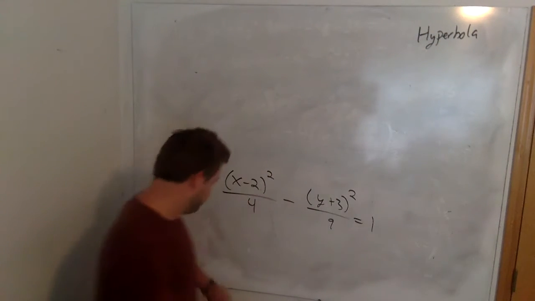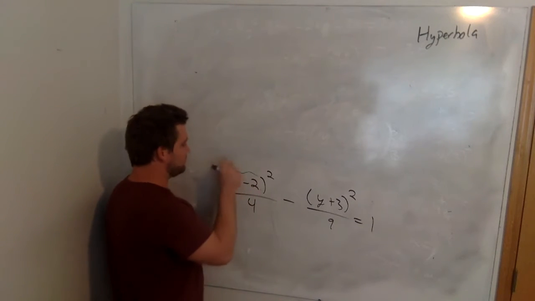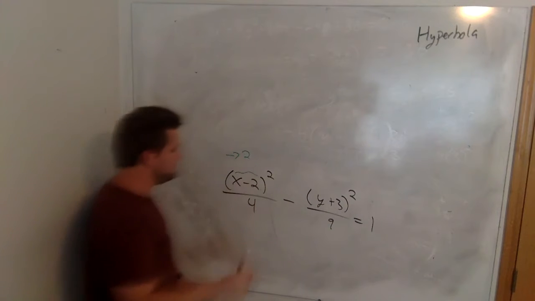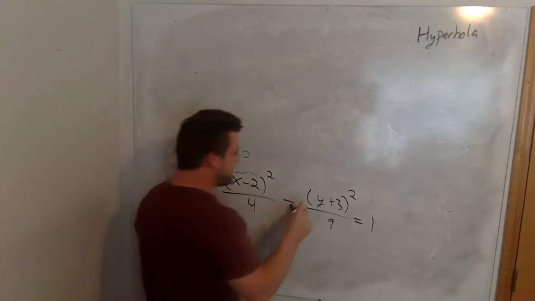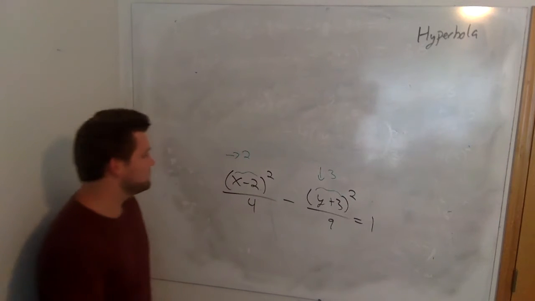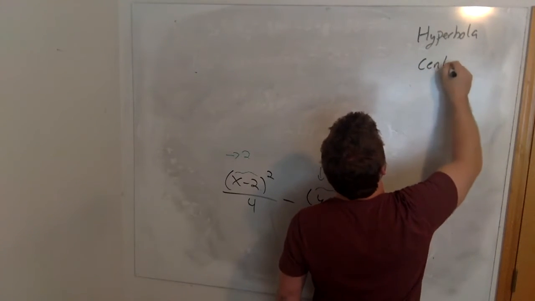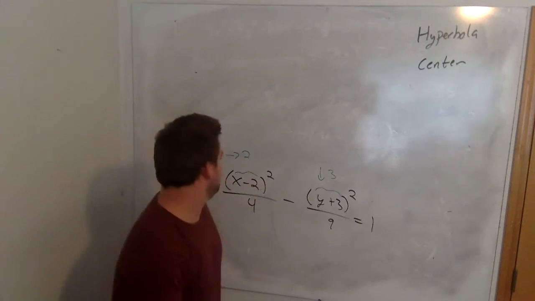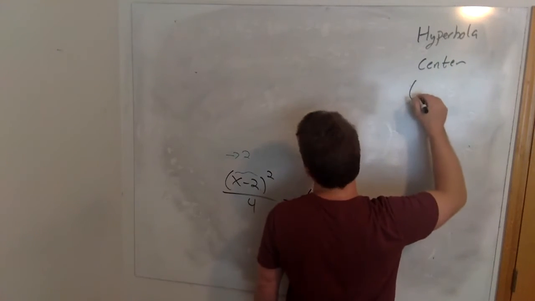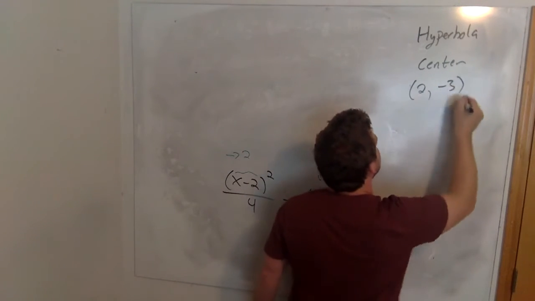Okay, let's see. Well, I'm subtracting 2 from x, so we're shifting the graph to the right 2 units. We're adding 3 to y, so we're shifting the graph down 3 units. So where will its center be? Its center, we're shifting it to the right 2 units and down 3 units, so 2, negative 3.